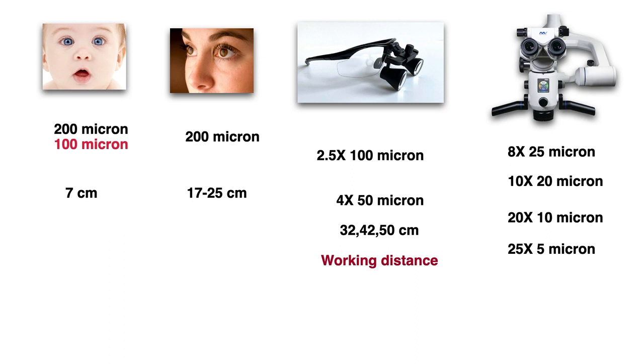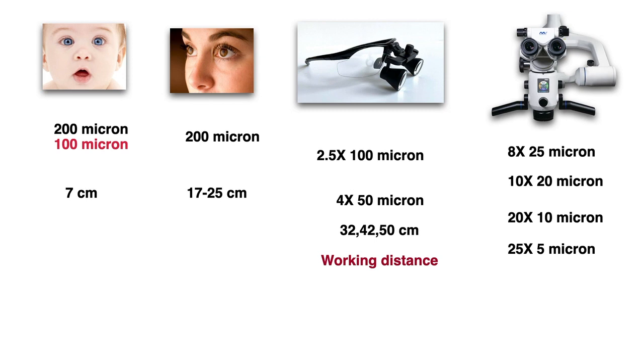So we are able to see 50 microns with the 4x, but the working distance is 32, which is a small one. 42 is regular. 50 centimeter is for people who want to work at a large working distance. But these tools have a fixed working distance. If you bring your head closer, you see a blurred image.